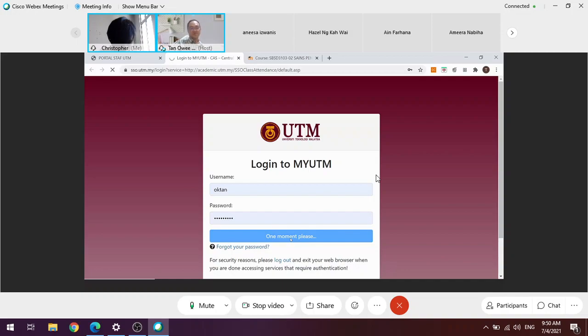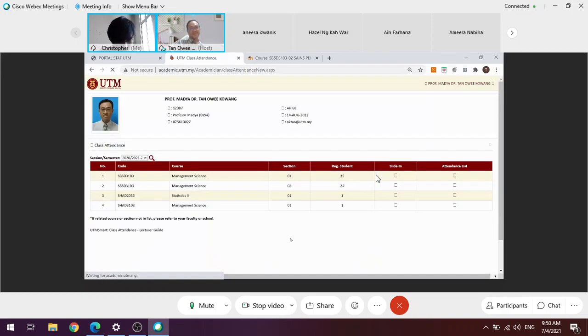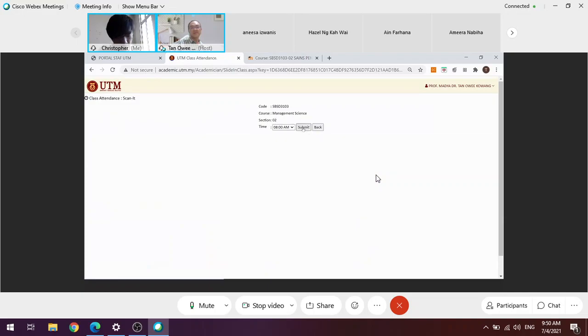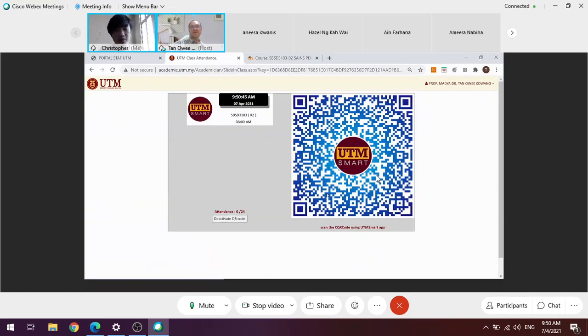Alamak, perlu login semula. You are section 2. Is it clear today's class? Chris, any problem for today's class? Is it clear? Okay. Heather? Very clear, Doctor. Okay. Zafira, okay?